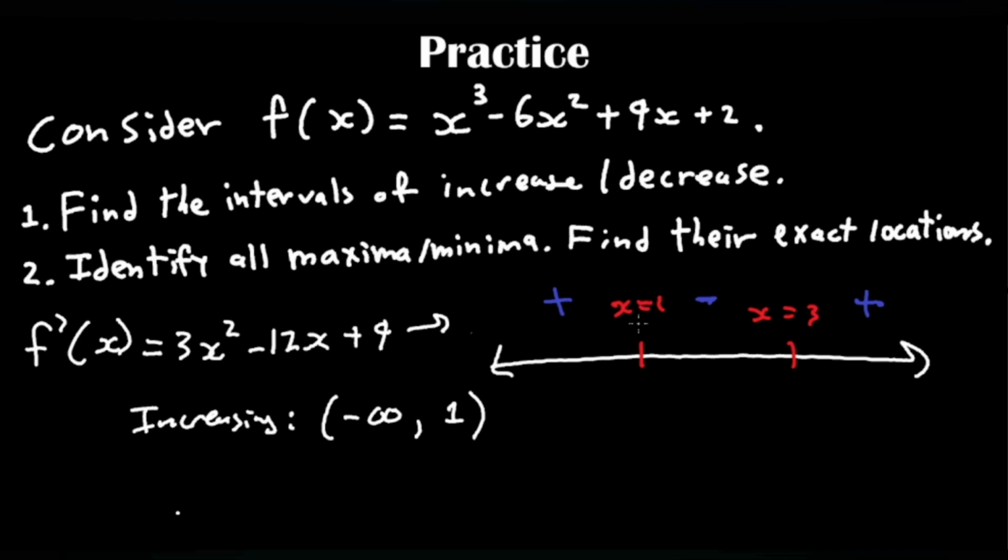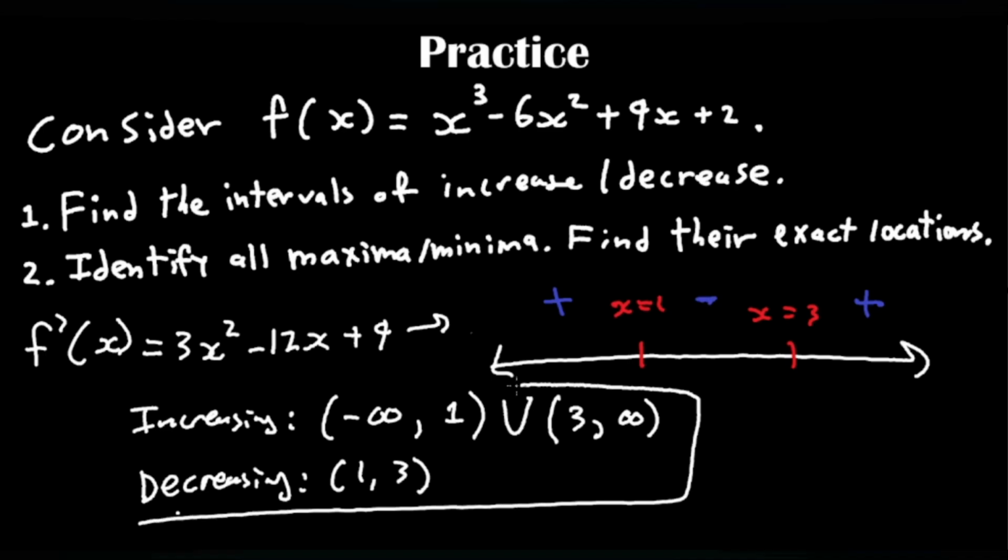That's where we found our critical point. And if the first derivative is 0, that means the function levels out instead of increasing. Now, it also is increasing for x values greater than 3. So that would be 3 to infinity with this union showing we're including both of them. And then decreasing for x values between 1 and 3.